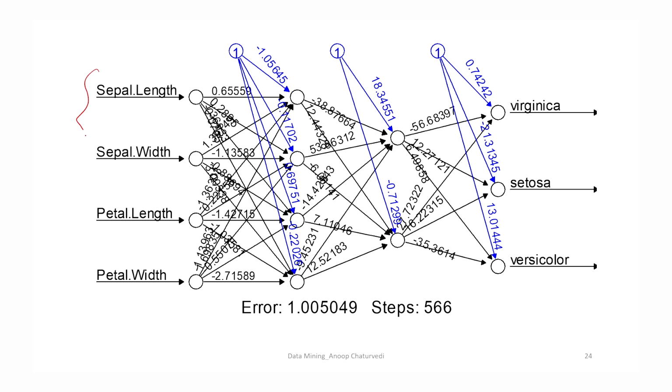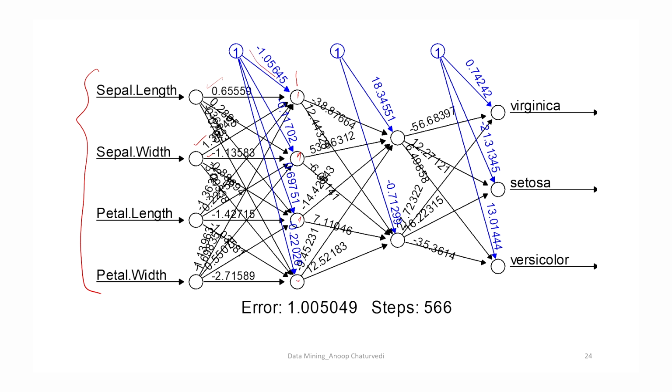These are the 4 input variables, and then these are the connection weights. Different connection weights are given here. In the first hidden layer we have these 4 nodes.